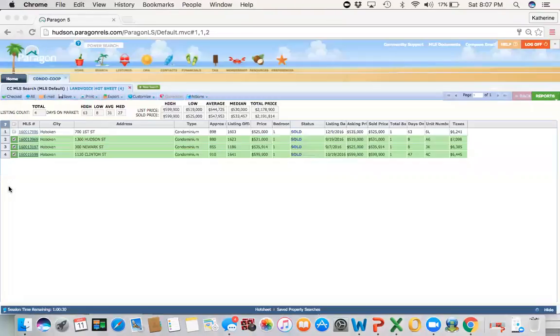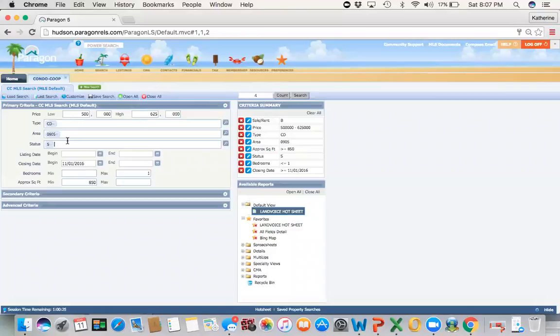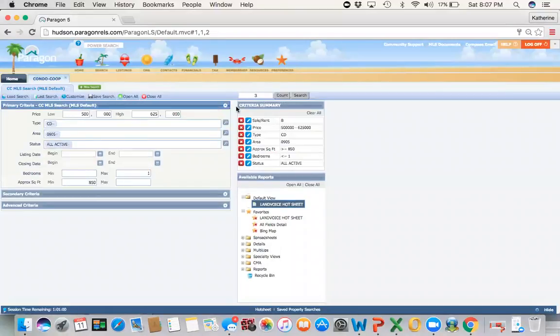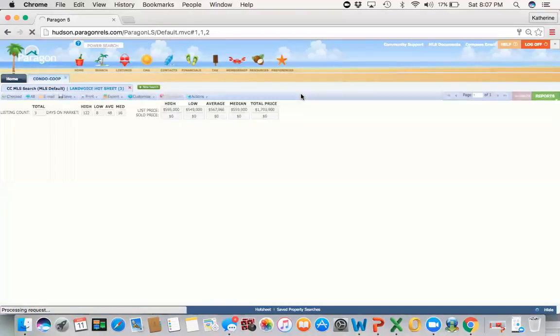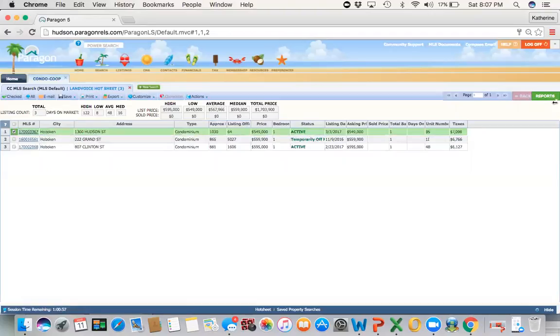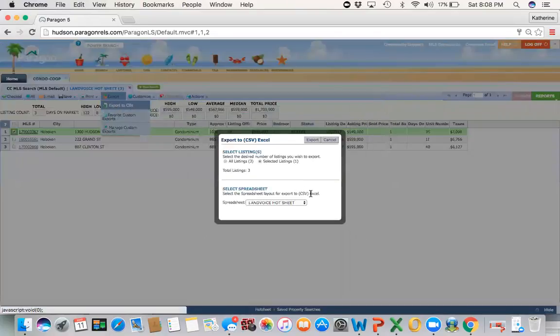So then I'm going to go back in and go back to active and just pull up his property again. Let's make sure. Export to CSV.